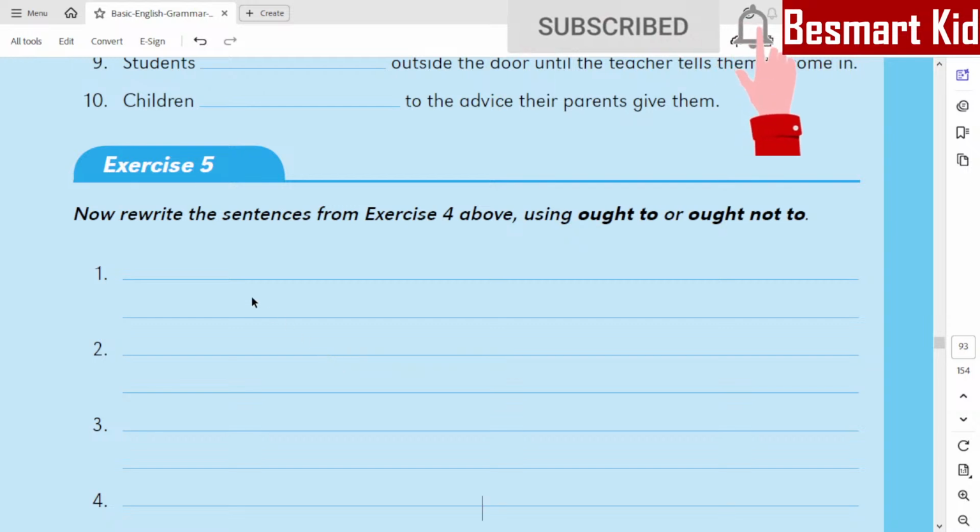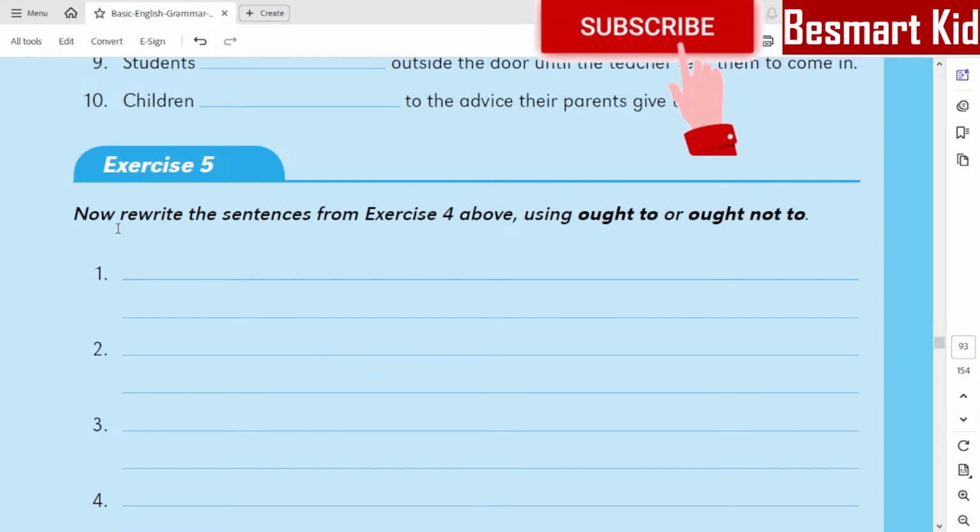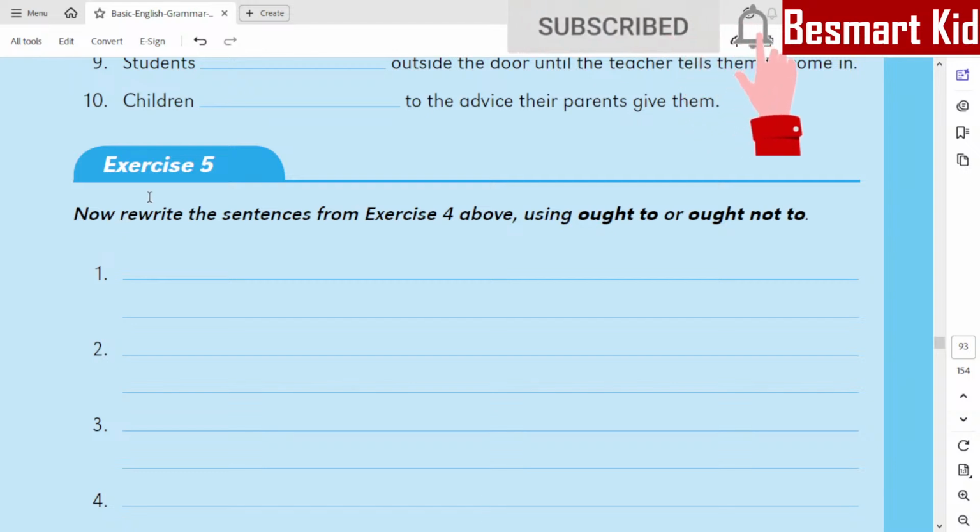Exercise 5. Now, rewrite sentences from exercise 4 above using ought to and or ought not to.